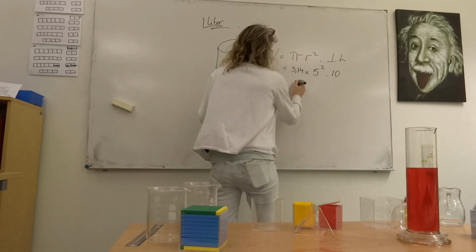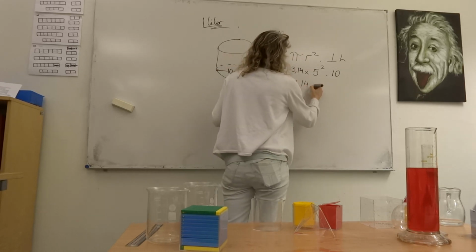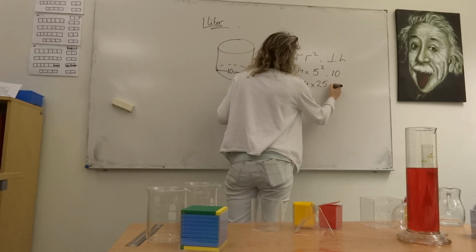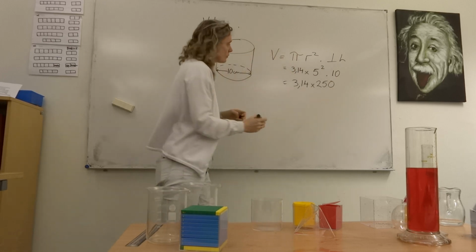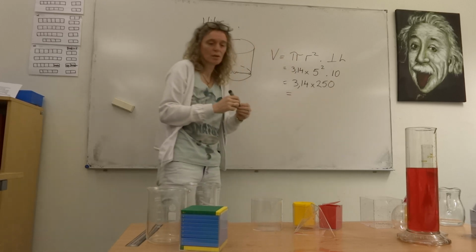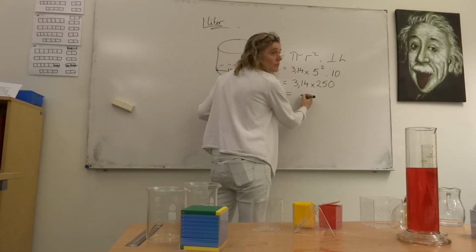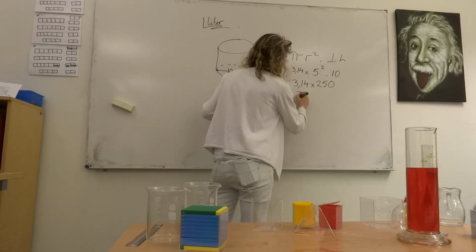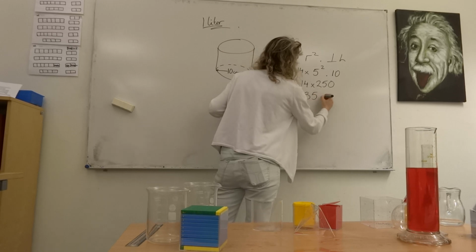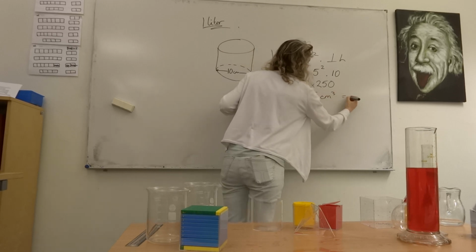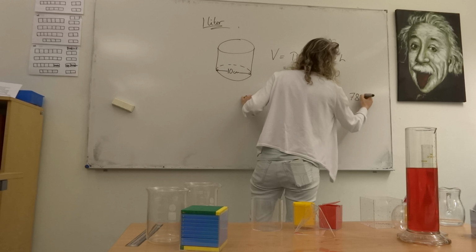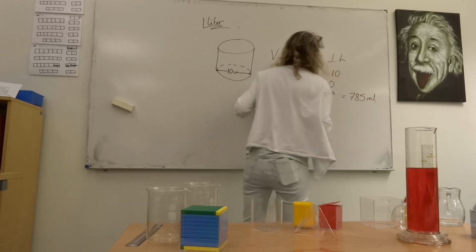We're expecting a volume here, 3.14 times 25, 250, of? 785. 785 centimetres cubed, which is the same as 785 millilitres.